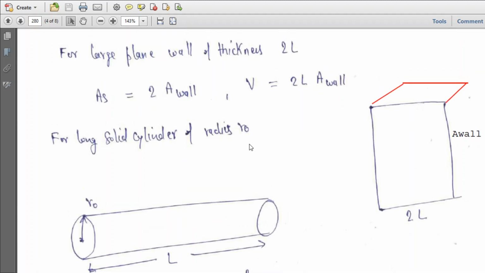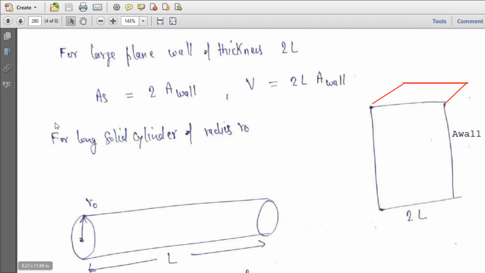In case of a large plane wall of thickness 2L, the area of the surface is 2A. So this side area is A, this side also A, so the total area is 2A, from where the heat is being lost. Volume would be 2L, that is the thickness of the wall, multiplied by area.